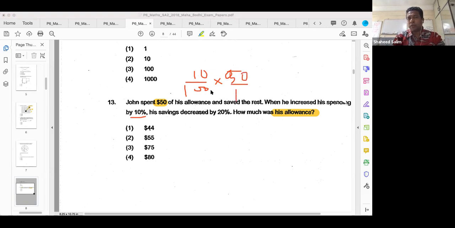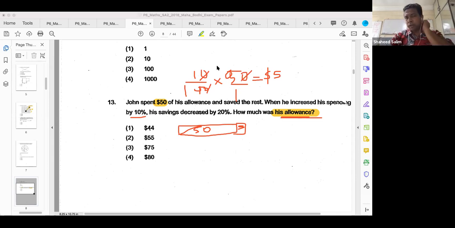I get $5. You see, his allowance is fixed. Now, at first, this is $50. Now he increased by $5. Where did he get this $5 from? It's from the savings.